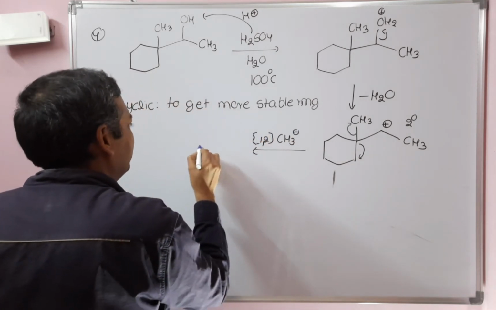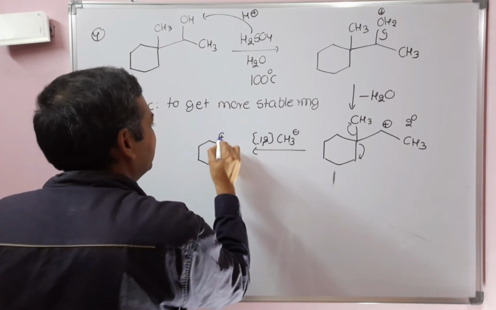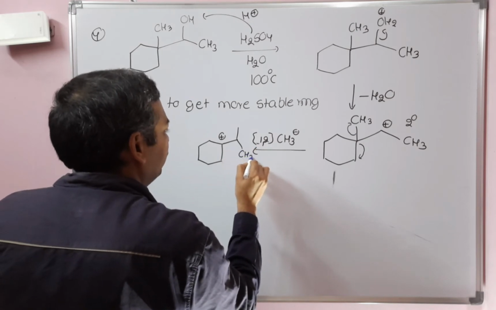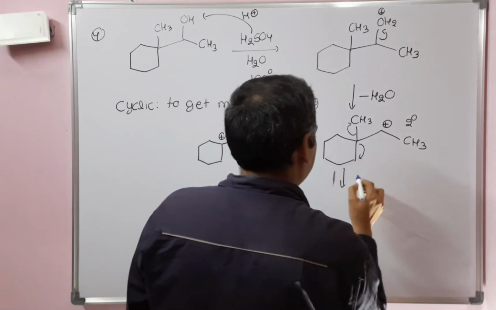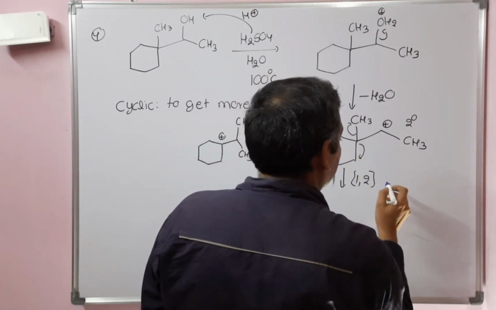We will get this compound, with the positive charge and CH3. Suppose this CH2 1,2 shift takes place.